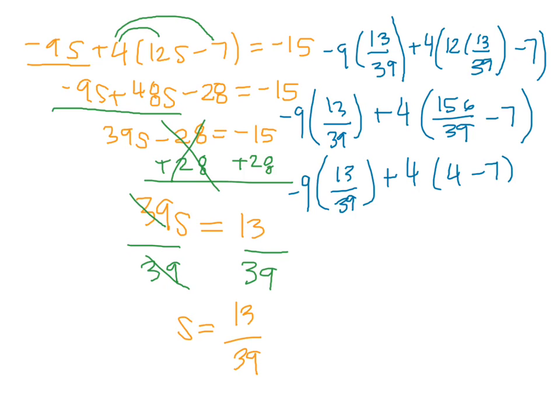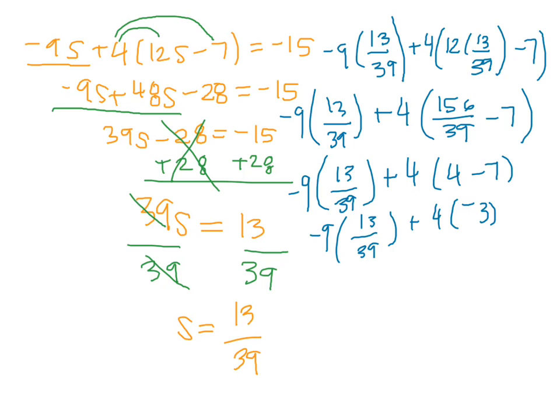Next, we still have some more in the parentheses. We can do 4 minus 7, and that's negative 3. I bring everything else down. And now I have multiplication. Over here, let's do negative 9 times positive 13.